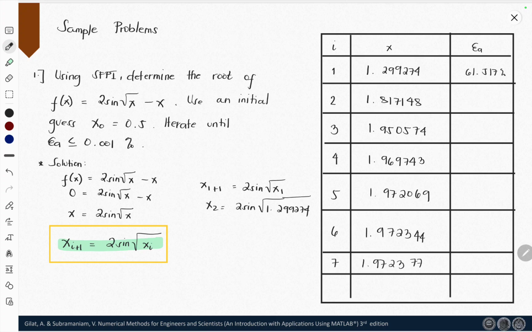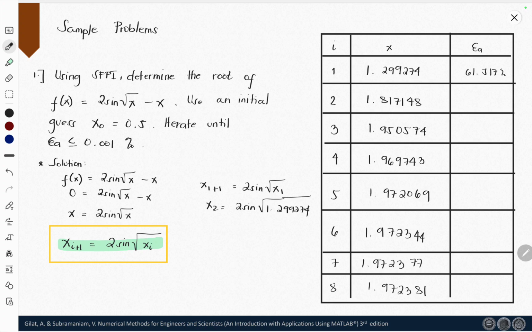And for your eighth iteration, it's 1.972381. So let's try to solve the approximate errors.